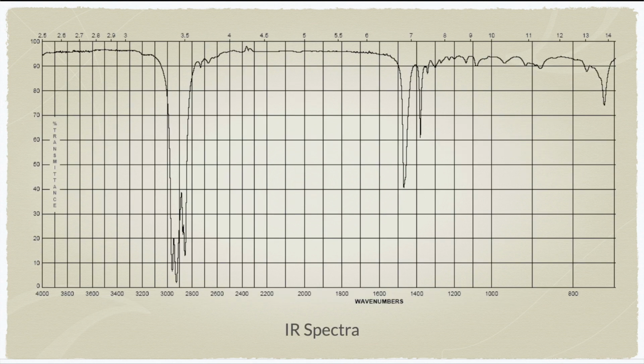So this is a typical IR spectra. Here we have the transmittance from 0 to 100. Here we have the frequency in wave numbers, and as you look here, transmittance means no light has been absorbed.